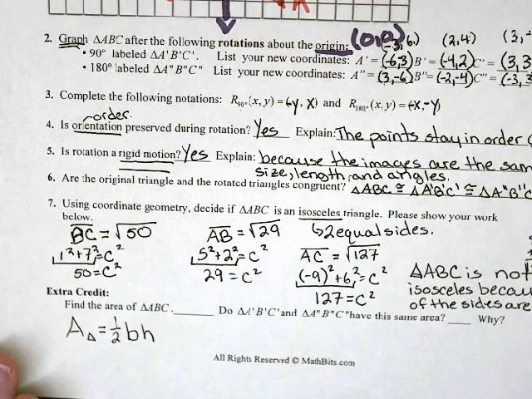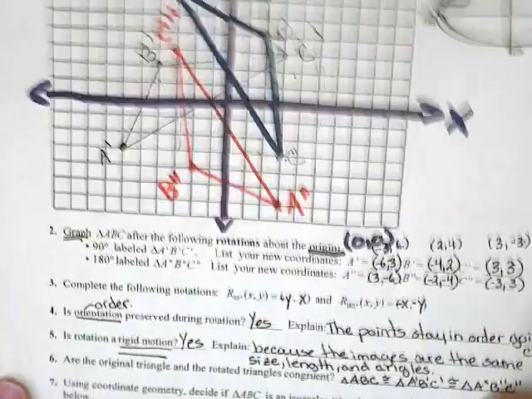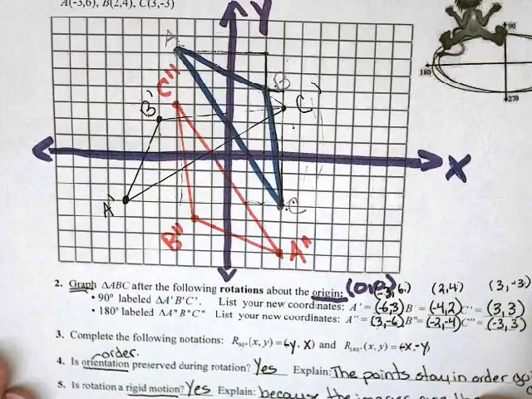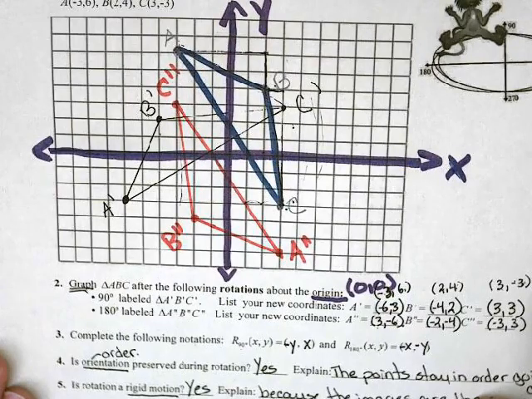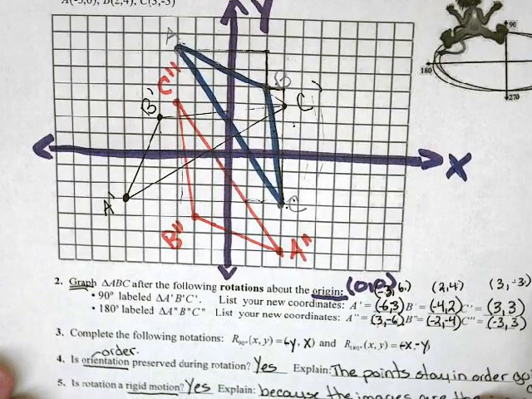Now, if we look at these triangles, they are not right triangles, so therefore we cannot use the idea of the Pythagorean theorem to help us out here. Nor are any of these sides straight. They're all slanted. So I'm going to have to figure out the base and the height by doing mathematics.